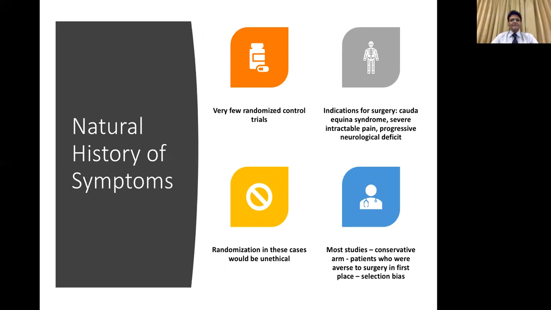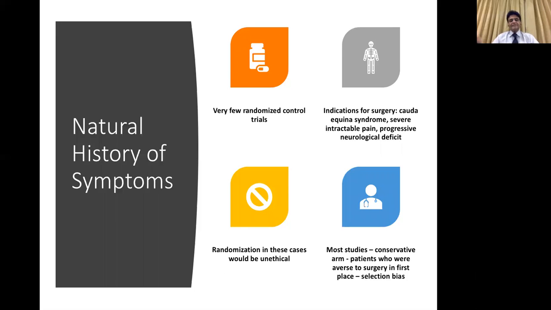So what's the natural history of symptoms? Well, truthfully, there aren't many randomized studies because, one, the indications for surgery are usually cauda equina, intractable pain, progressive neurology. While on the other side, those who opt for the conservative arm are people who are averse to surgery in the first place.